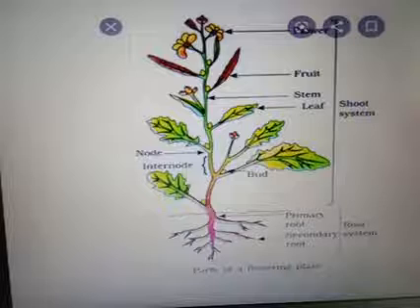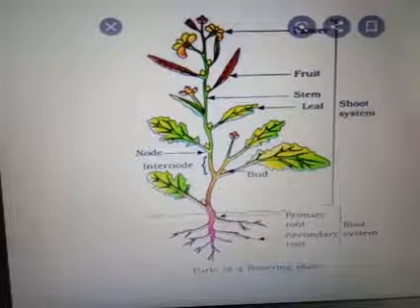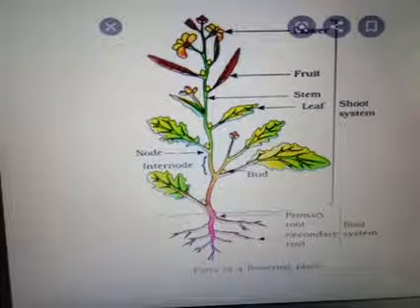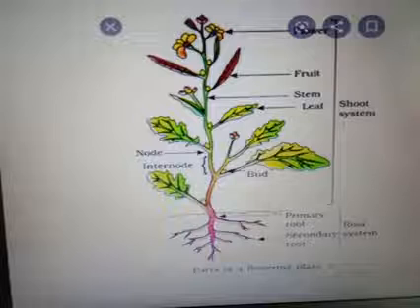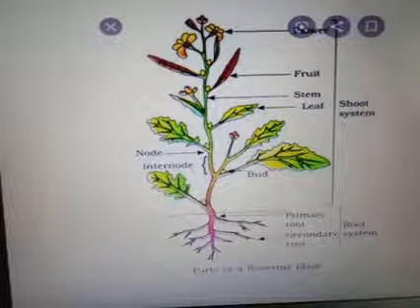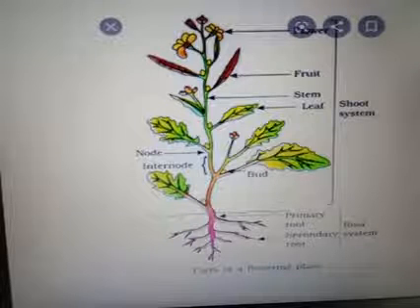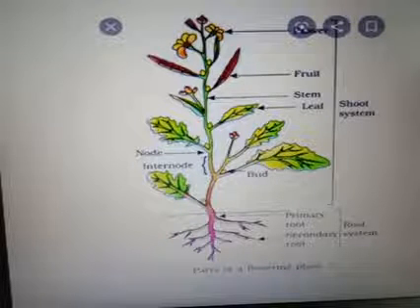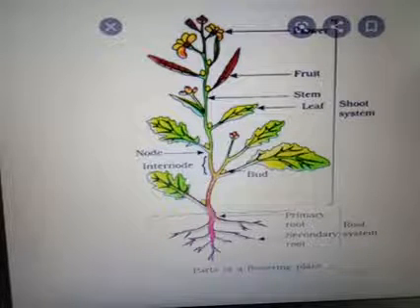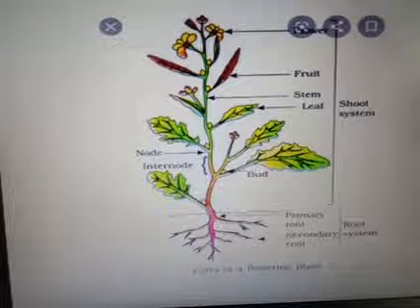And the underground parts develop from the radicle, and this radicle forms the root system.